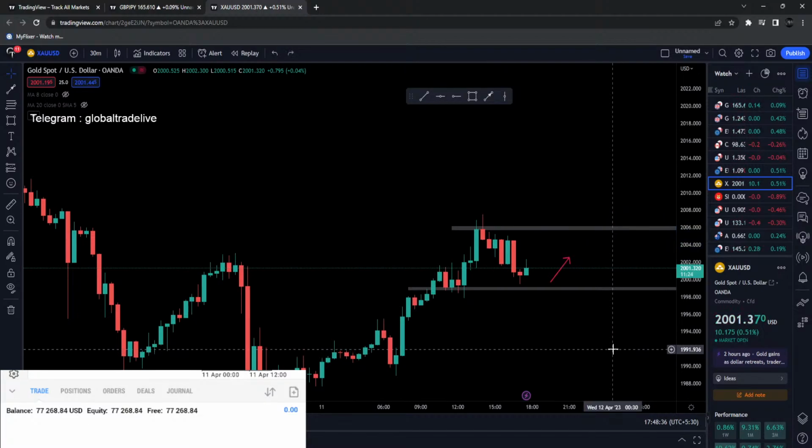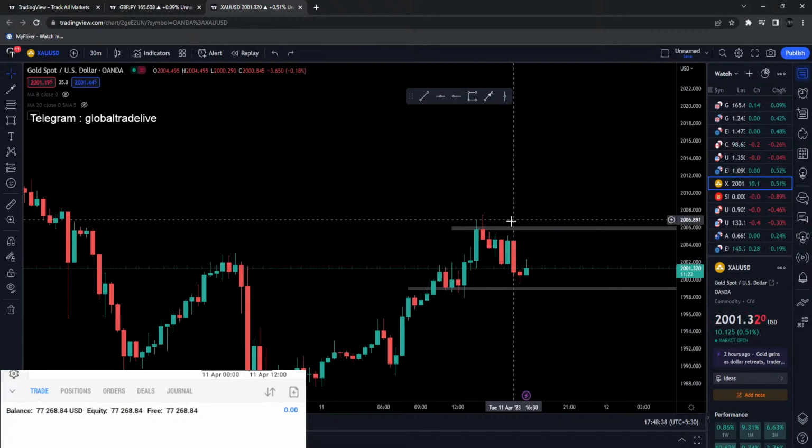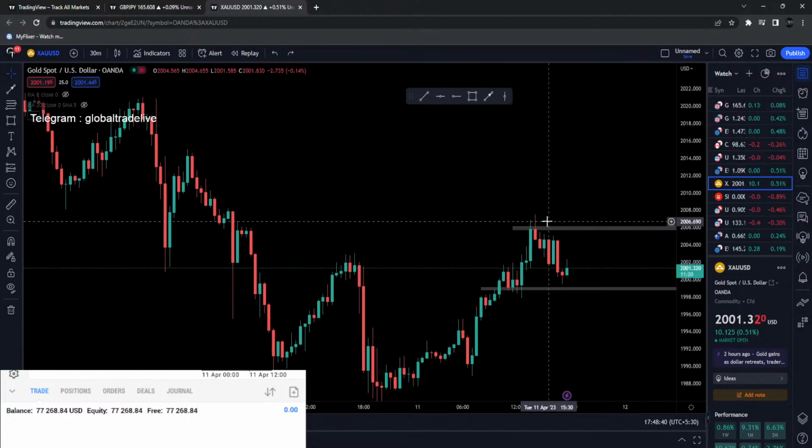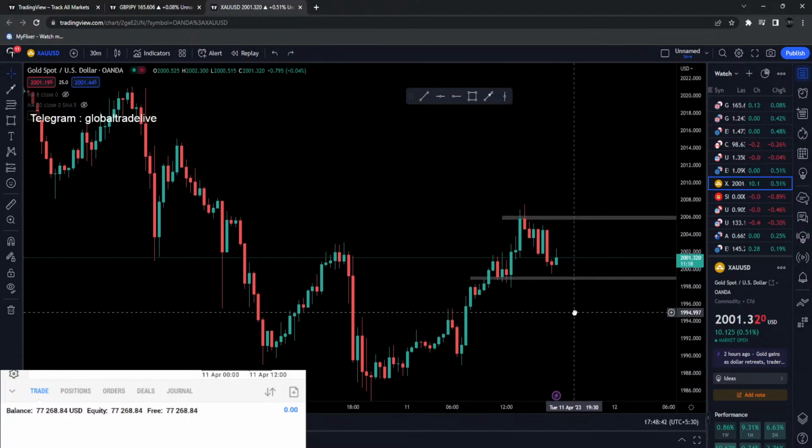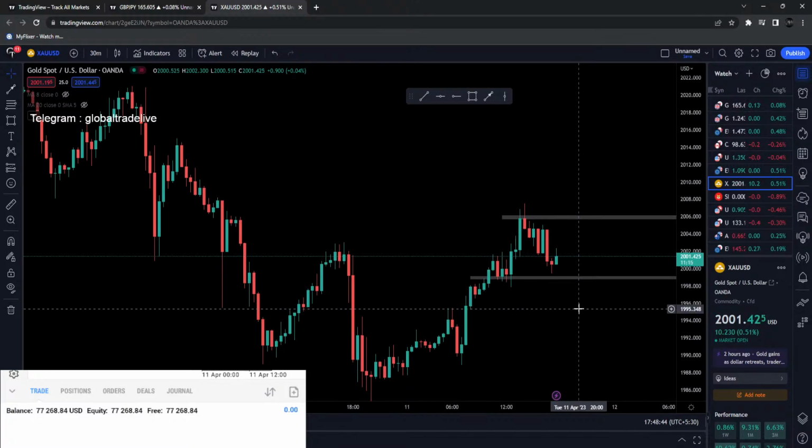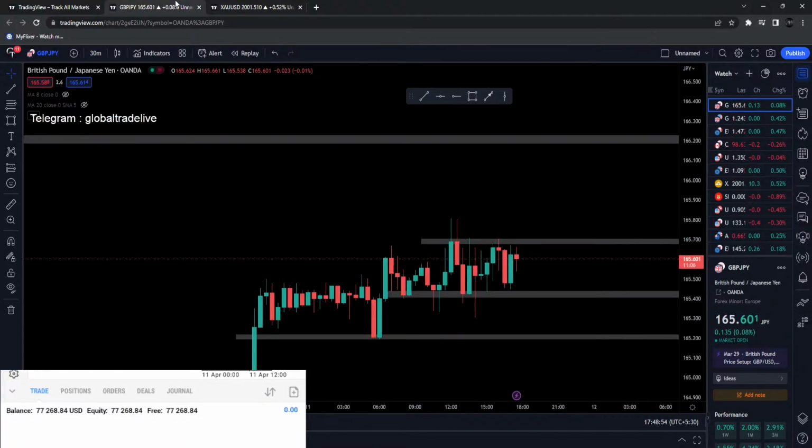So I need something like this to be formed. After that I can look for a buy trade, because we have to be very, very patient with the market sometimes. We want the market to come our way, rather than us going into the market to be trapped, okay. So let's wait and watch.